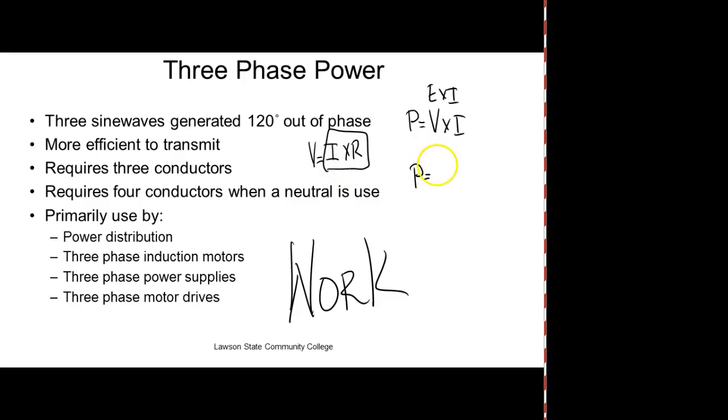So it means I can say P is equal to I times R times I. Y'all understand that? Yes or no? So here's that I right here, and what did I do right there? I substituted what Ohm's law says V is equal to. So our second formula is P is equal to I squared R. Now, where did I squared times R come from? Well, it came from P is equal to V times I, right? Now, what is Ohm's law? What does Ohm say I is equal to?